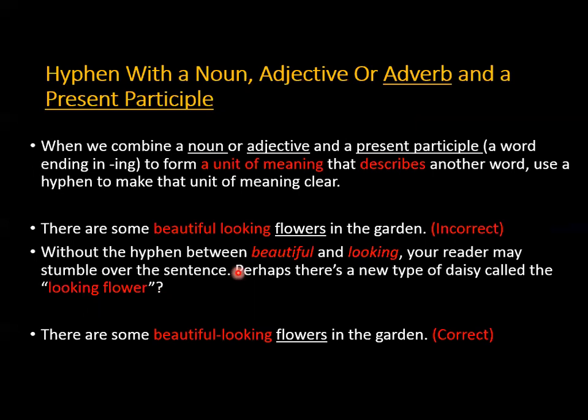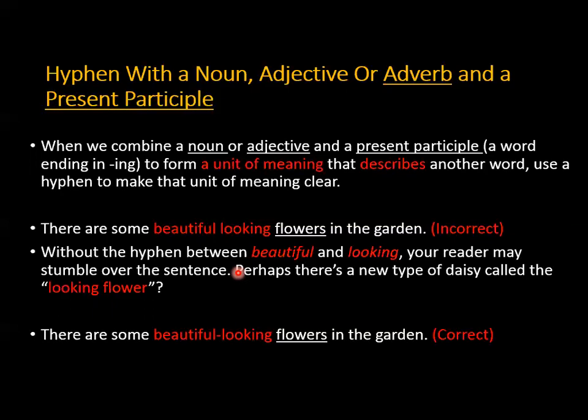a hyphen. Hyphens with a noun, adjective, or adverb, and a present participle. If you have a noun, an adjective, or an adverb added to a present participle, what's a present participle? It's one type of verbs, if you can remember.